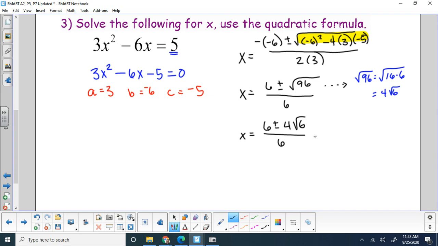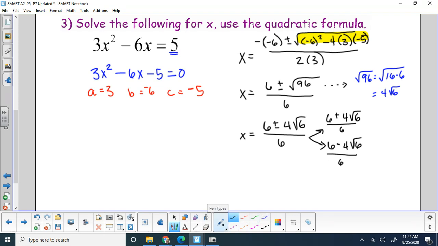We are now ready to identify our final answers. Remember, we always want to reduce when solving. I am going to write my answer as my 2 separate values that we get. So I have 6 plus 4 square root of 6 divided by 6, and I have 6 minus 4 times the square root of 6 divided by 6.